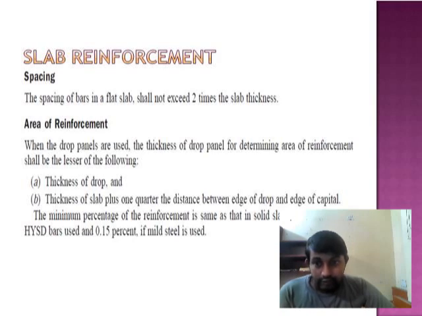First is the thickness of drop, and second is the thickness of slab plus 1/4 the distance between the edge of drop and edge of capital. The minimum percentage of reinforcement should be the same as that in a solid slab. HYSD bars should be used, 0.15% if mild steel is going to be used.